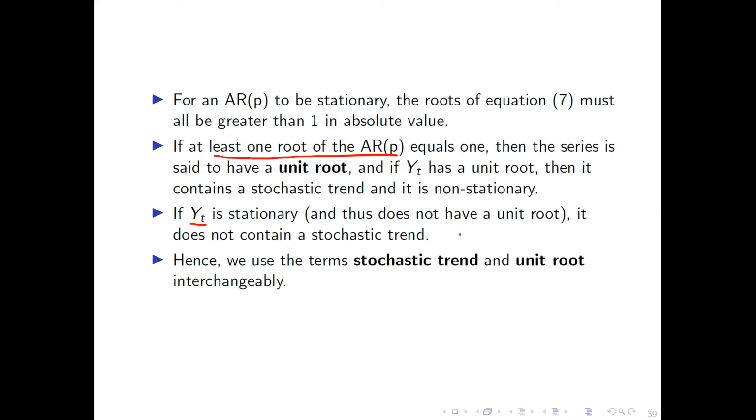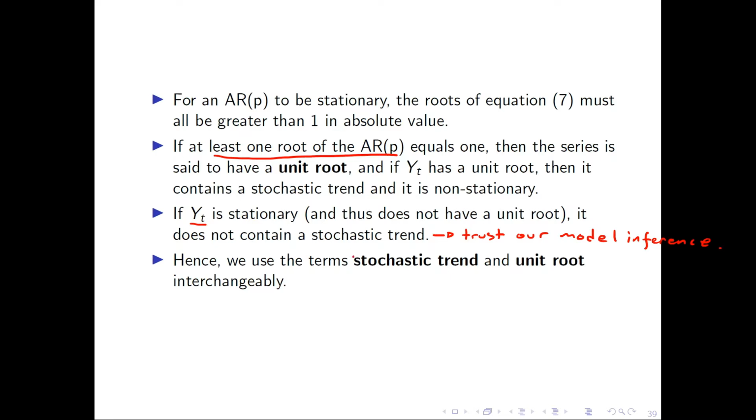And because yt does not have a stochastic trend, we can trust our model inference. So we can perform hypothesis tests, and we can make predictions with our model.